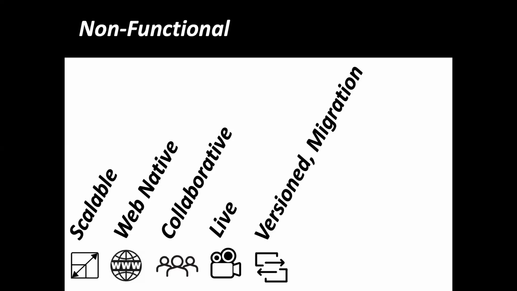Then, of course, versioning and migration is important. And by that, I mean not versioning of the models, although that's obvious that we need that too. I mean versioning and migration of models as we change the languages we use to describe these models. Because in my experience, if you want high fidelity models, you need custom languages, domain-specific languages mixed with general purpose languages.